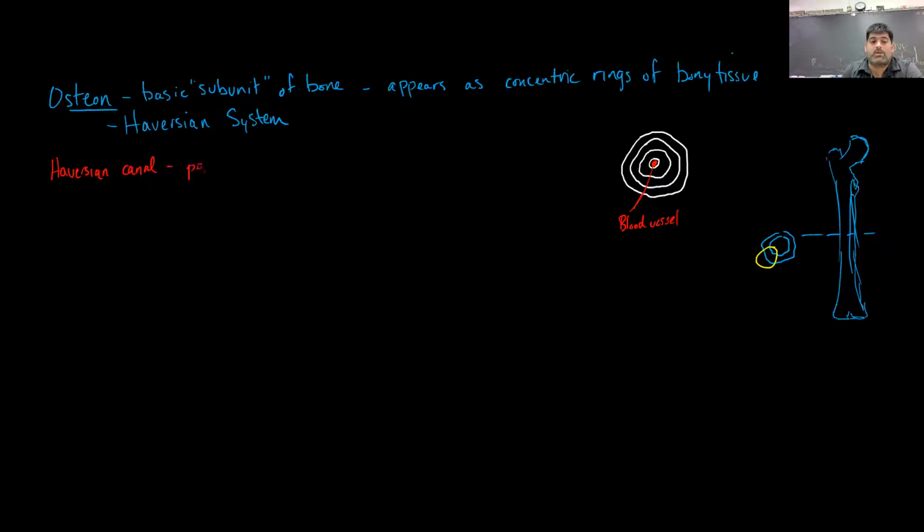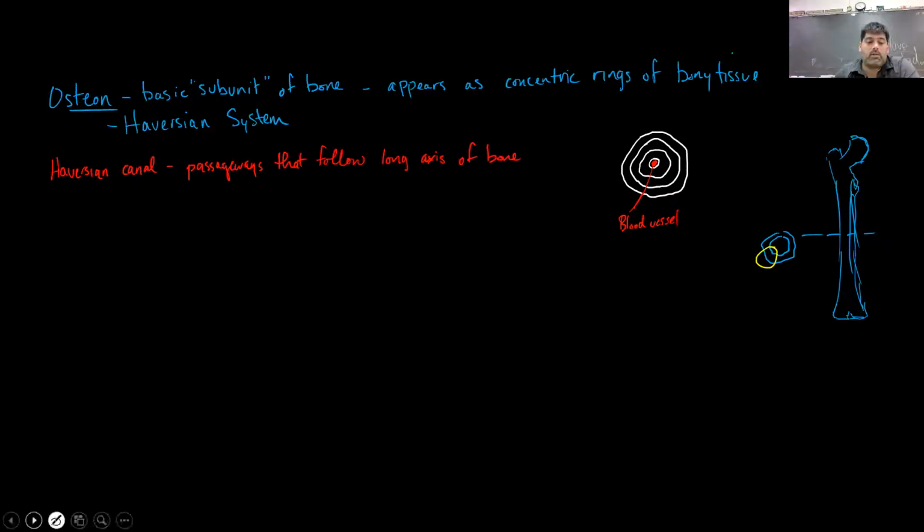These are passageways that follow the long axis of the bone. So what we're seeing here is a passageway that follows the long axis of the bone.